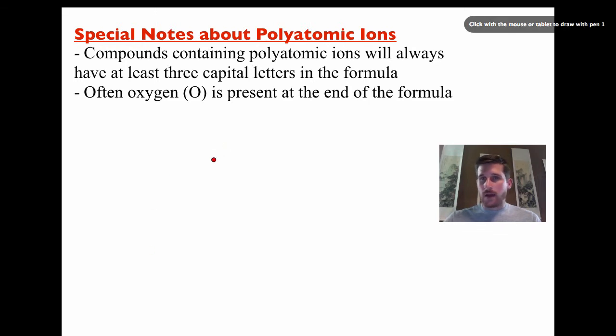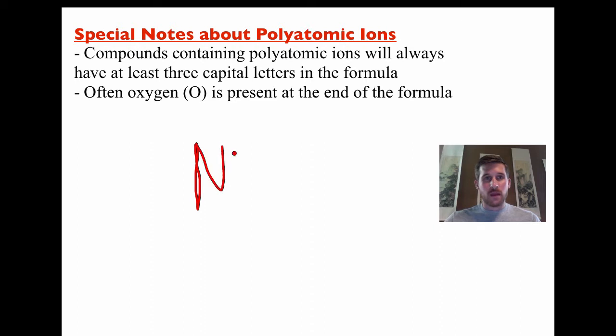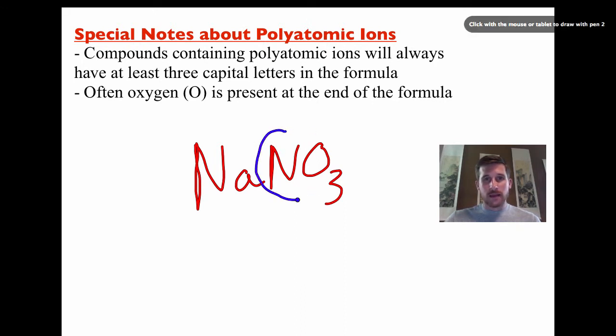So let's say our polyatomic ionic compound is this guy, NaNO3. Okay, so we have 3 different elements here. Na is sodium, N is nitrogen, O is oxygen. The formula is set up just like this. Now the NO3 is our polyatomic ion here. He's the one that has a charge where we have multiple ions, an N and an O here with an overall charge.